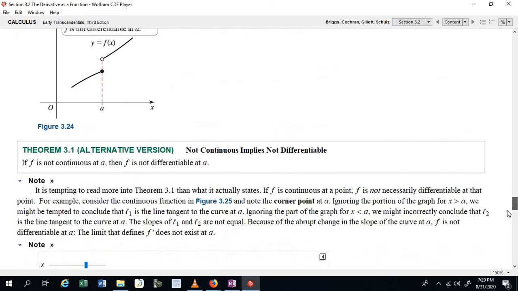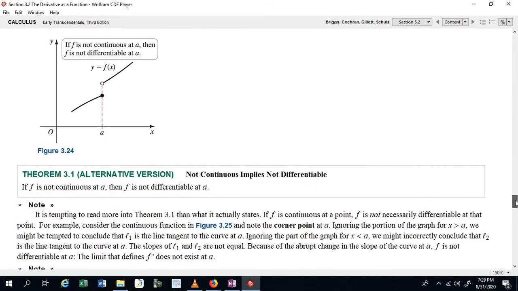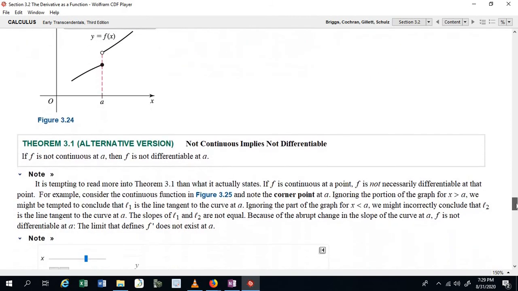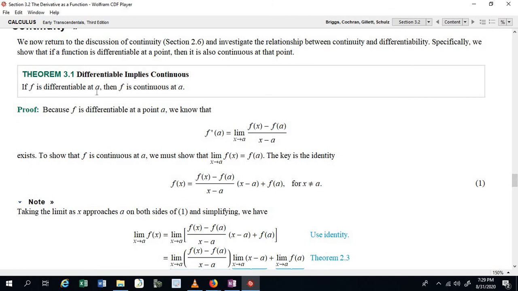Now, one other thing I want to mention before we actually do an example is notice that a function can be continuous at a, okay, and not be differentiable at a. And here's a perfect example of it. This function's continuous at a, but it's not differentiable at a because it has this sharp point at a. In fact, you should think of differentiability at a as a stronger condition.